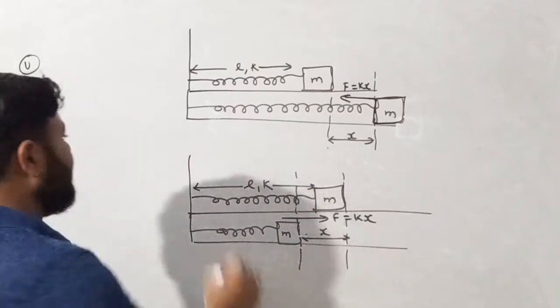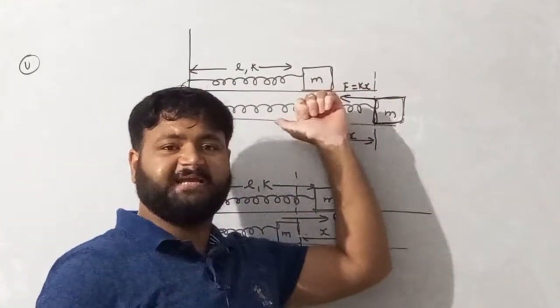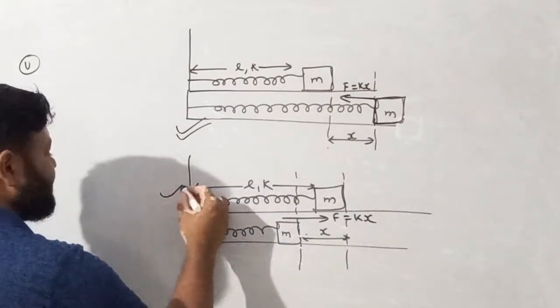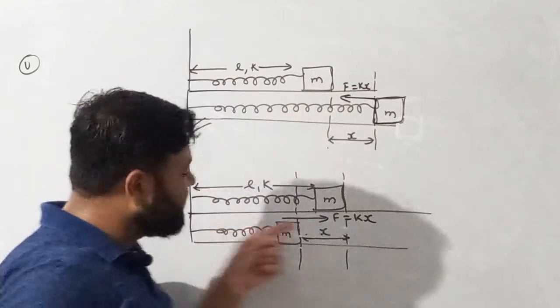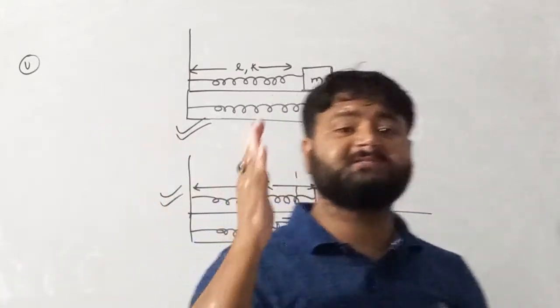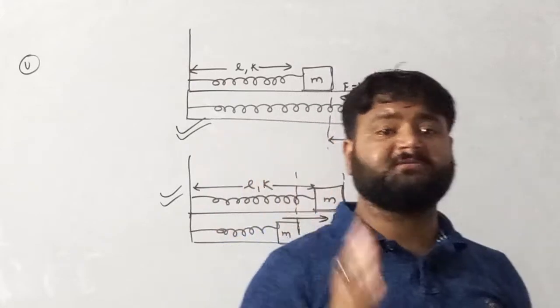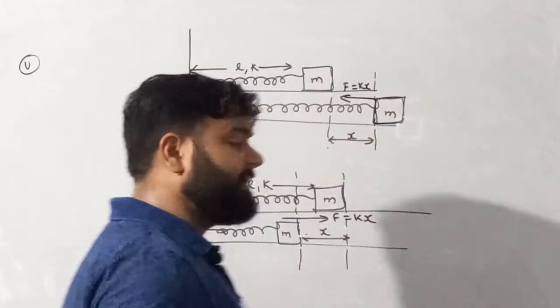So remember, if the spring is elongated, the direction of spring force is inward, and if the spring is compressed, the direction of spring force is outward. I am repeating once again, this spring force was already discussed by us in detail in Newton's laws of motion.